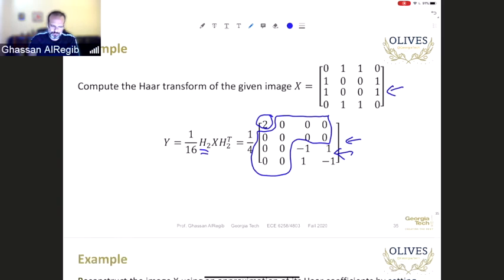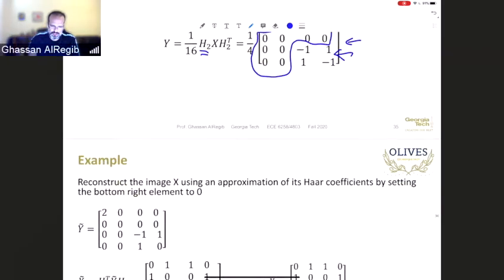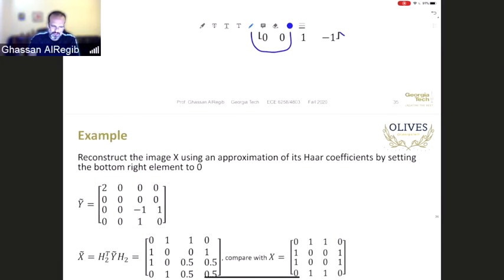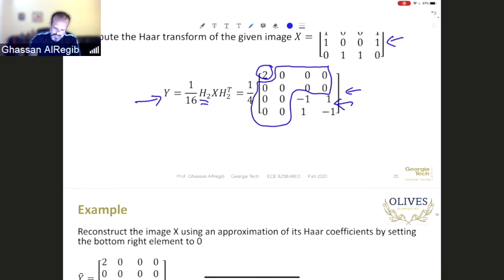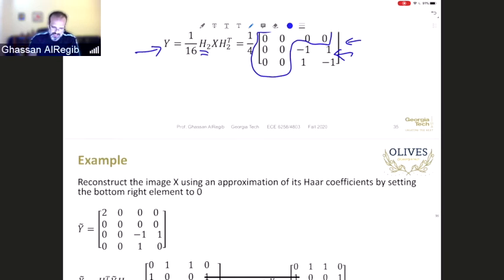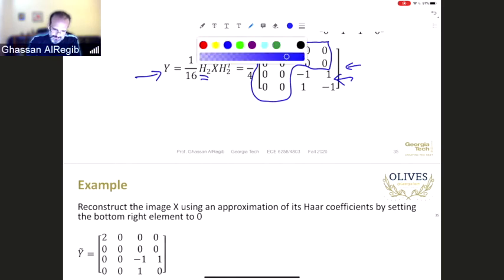So now, what we'll do next is the following. Let's take our Y, which is this one here, and as it is, the only change I will make is to go to this coefficient here.